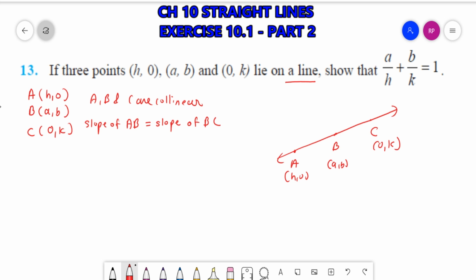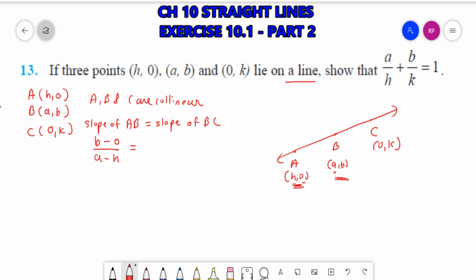So when I take AB, I will take A as x1, y1 and B as x2, y2. So y2 minus y1, that is b minus 0, upon x2 minus x1, that is a minus h.